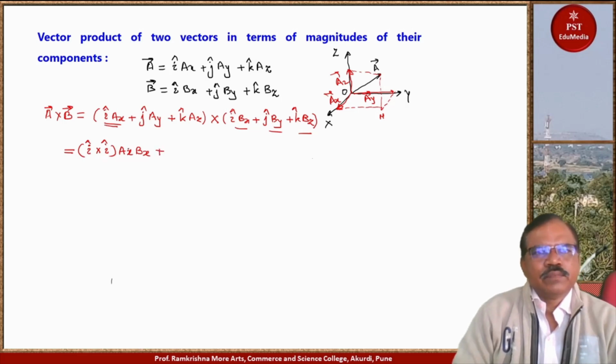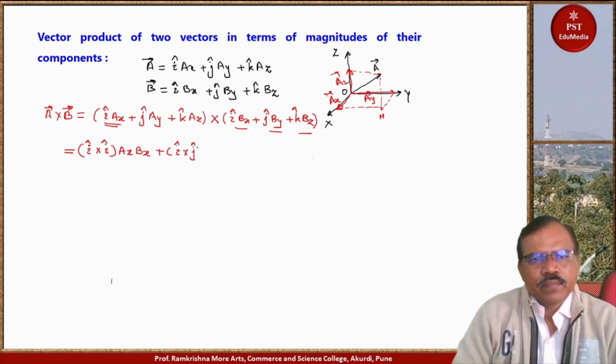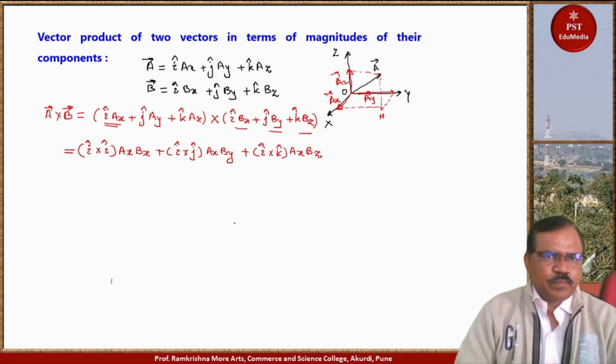Now plus the second one: I cross j ax by plus I cross k ax bz, like this.